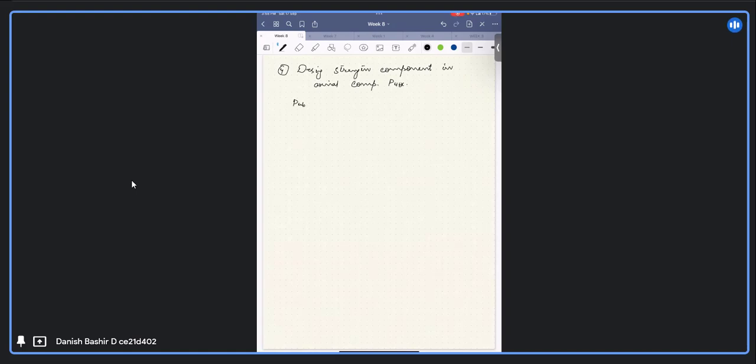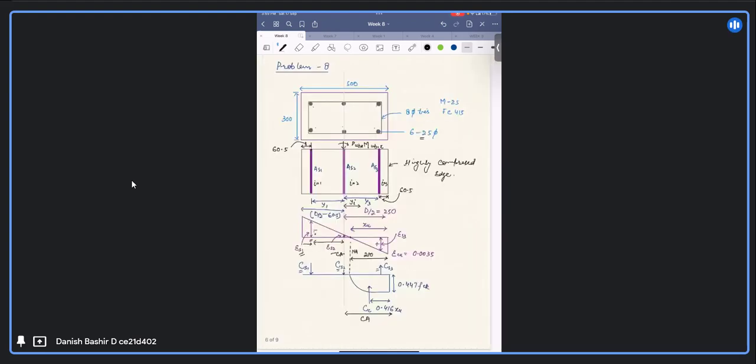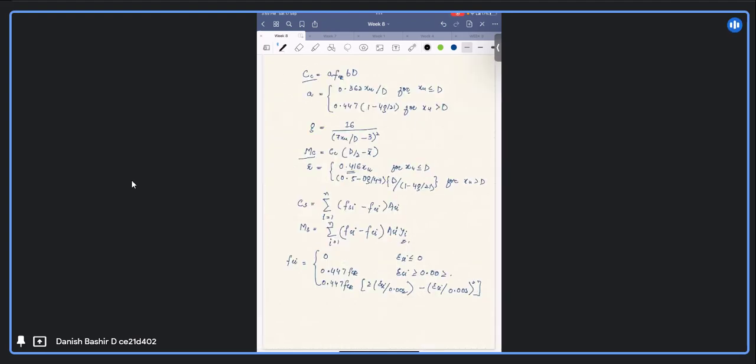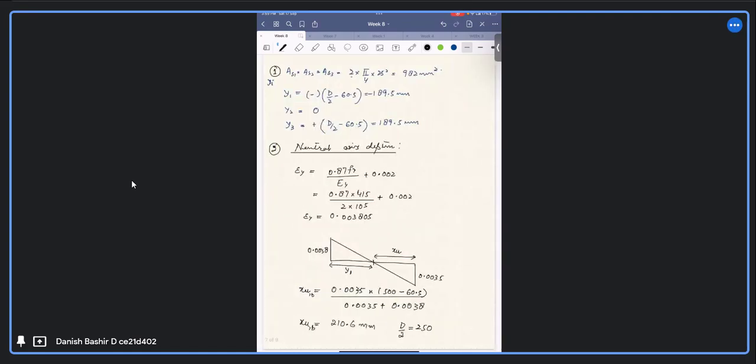PUBX will be the contribution both from concrete, CC, and from steel as well, CS. Okay, CC, I have a formula. CC is equal to A FCK BD. Since our neutral axis is less than the major dimension D, or it lies within the section, our A will be 0.362. Okay, I wrote it already.